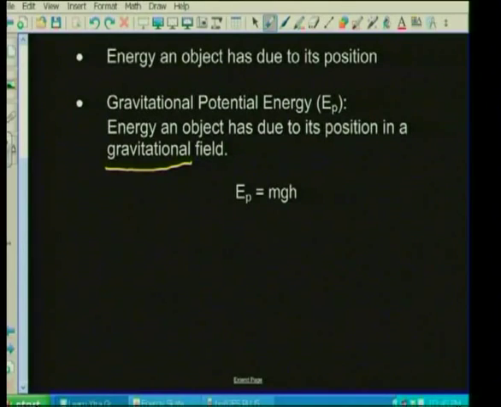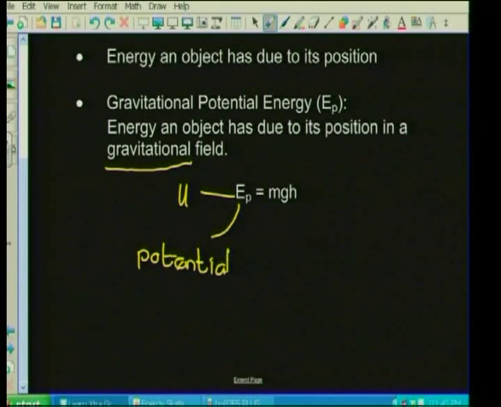Now, if we look at the equation, in past books, especially over the last couple of years, you'll see that EP is sometimes written as a U. That's fine. They have decided to go back to EP, and EP stands for potential energy.